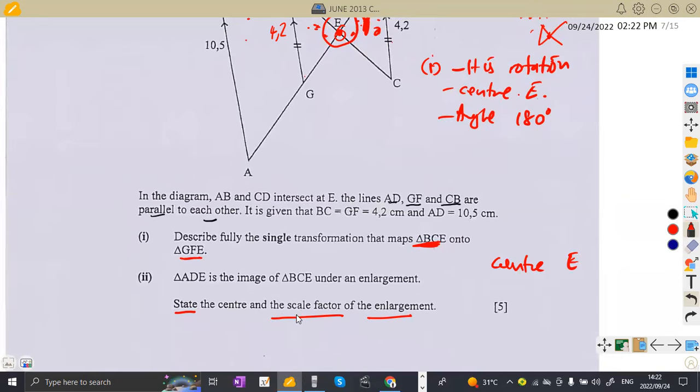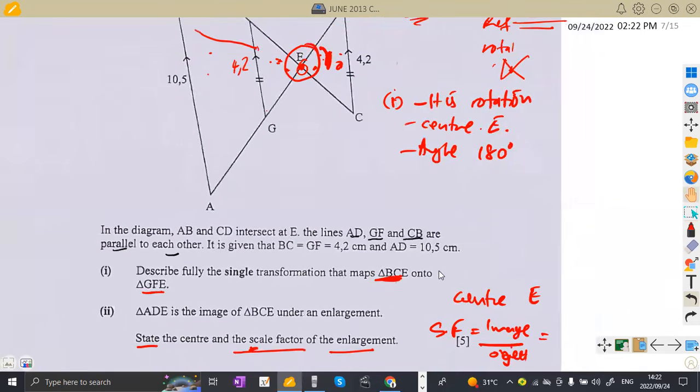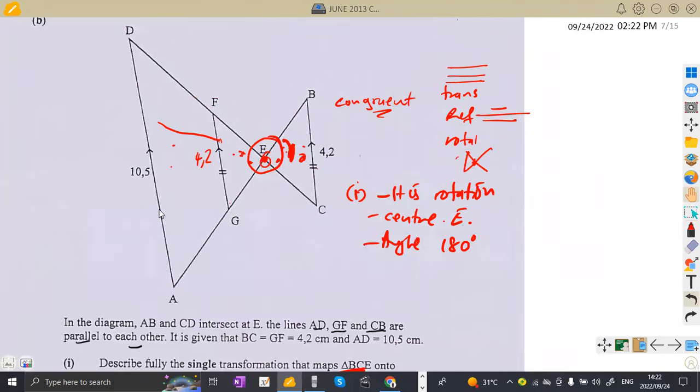And the scale factor, remember guys, I told you that the scale factor is actually the image line over the object line. Remember, this is the image, so these two sides correspond.